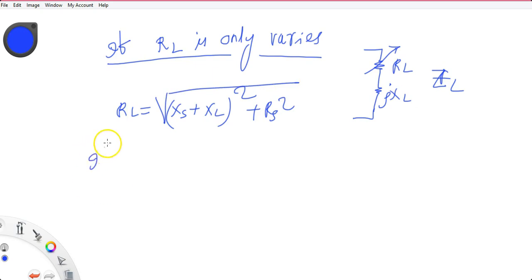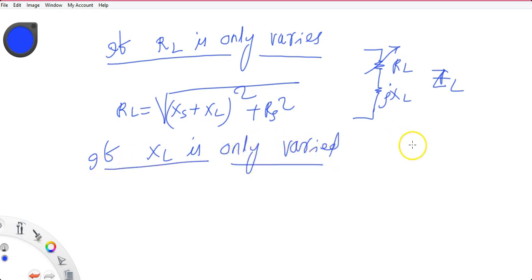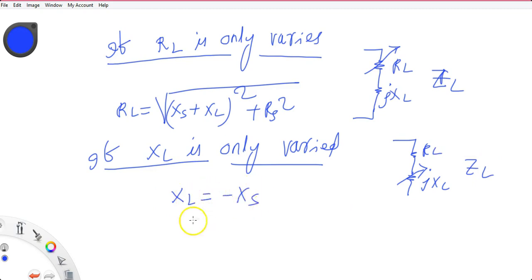Another case, if XL is only varied, you cannot vary RL, but you can vary only XL. So in this case, you have already calculated XL equal to minus XS.